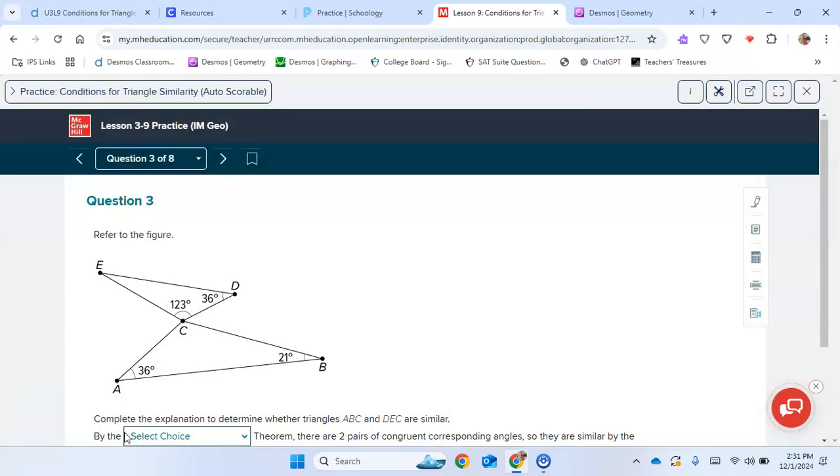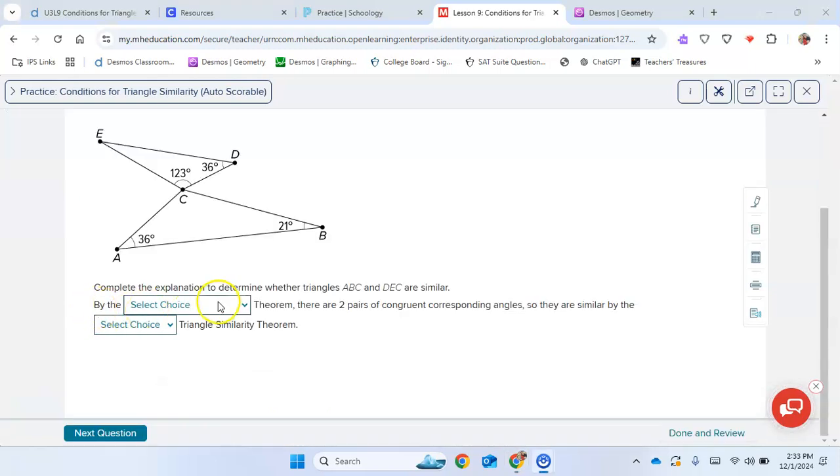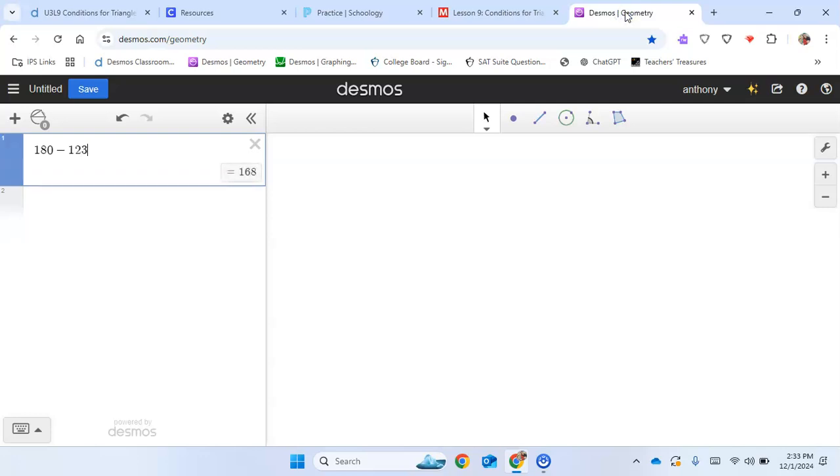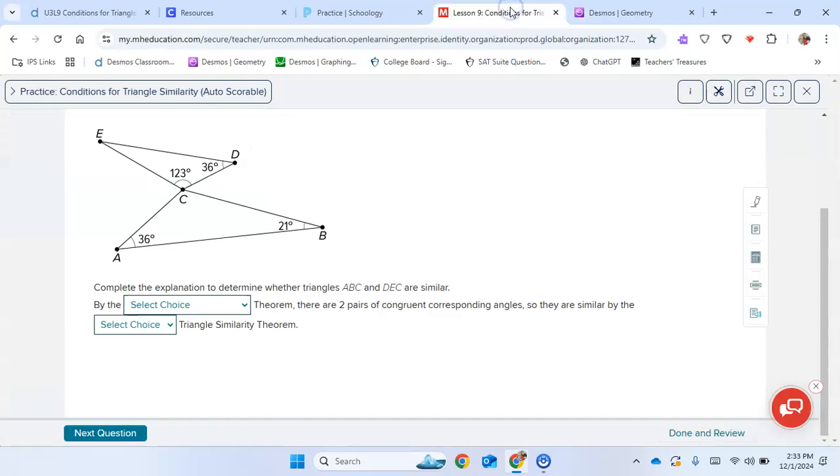Question 3. Refer to the figure. Complete the explanation to determine whether triangles ABC and DEC are similar. By the blank theorem, there are two pairs of congruent corresponding angles. Alright, 180 minus 123 minus 36 is 21. Which is correct.